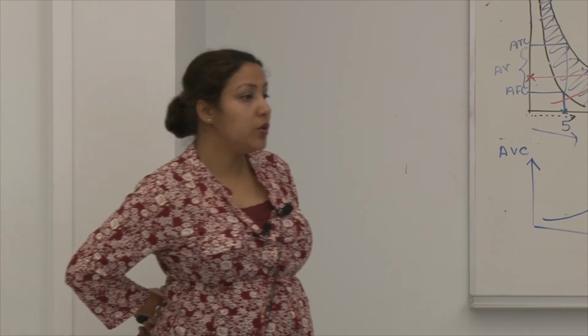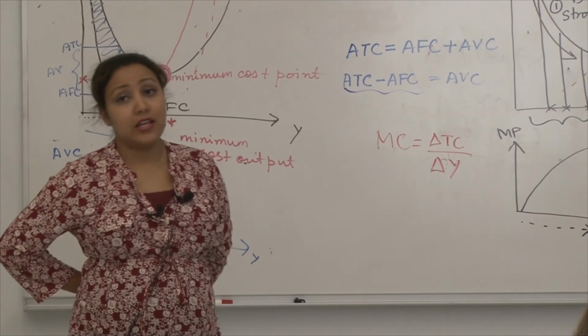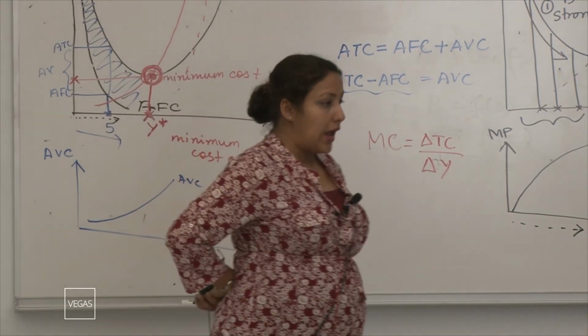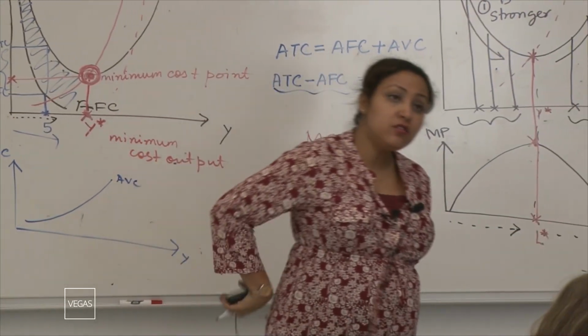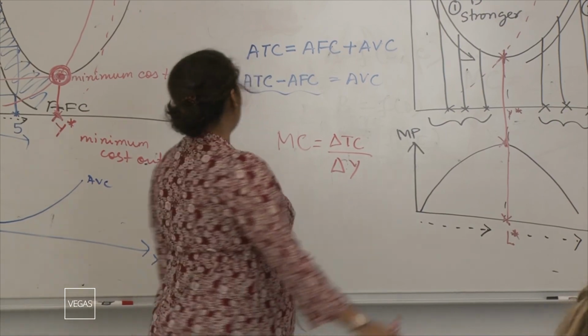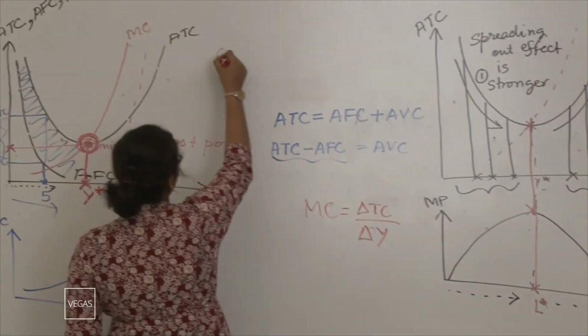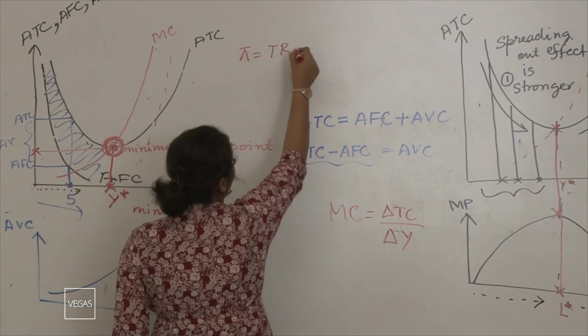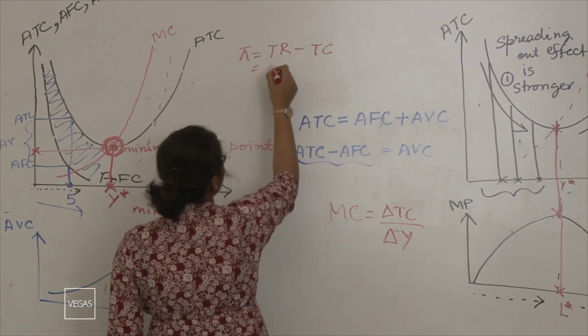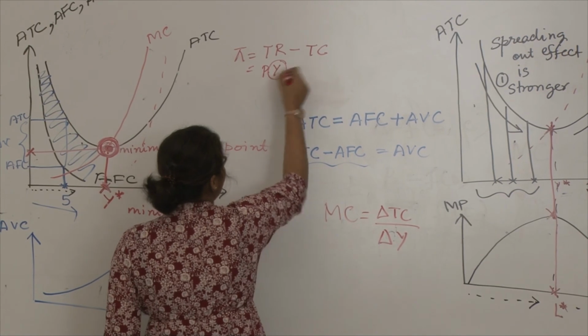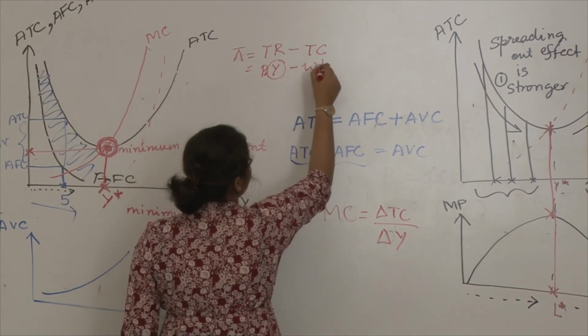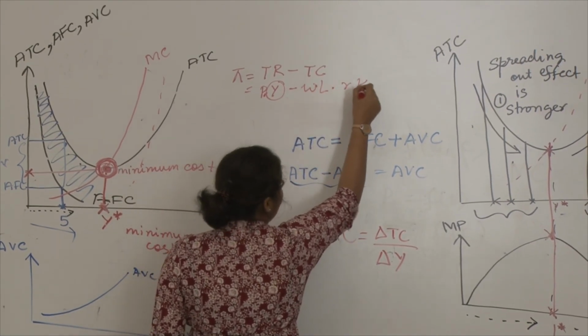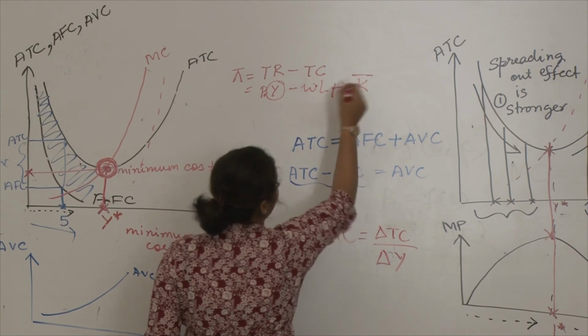So that is where we had started. We said the objective of the producer is to minimize the cost, and the objective of the producer is to maximize the revenue, and we started by saying that effectively profit depends on total revenue minus total cost, but this total revenue depends on Y, and this total cost depends on L and K, but we assumed the K to be constant.